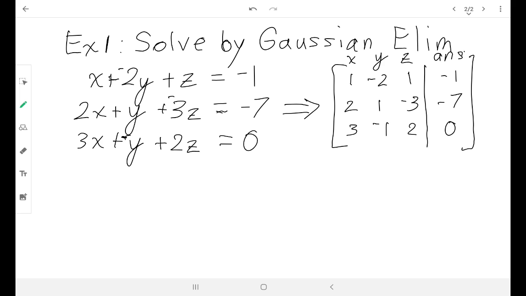Okay? So now we have to get into the very tedious row operation parts. Let me rewrite this augmented matrix here.